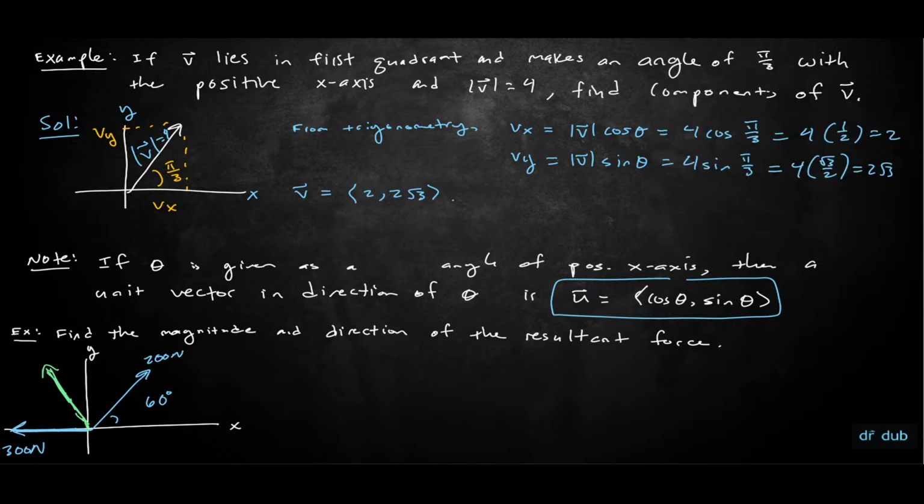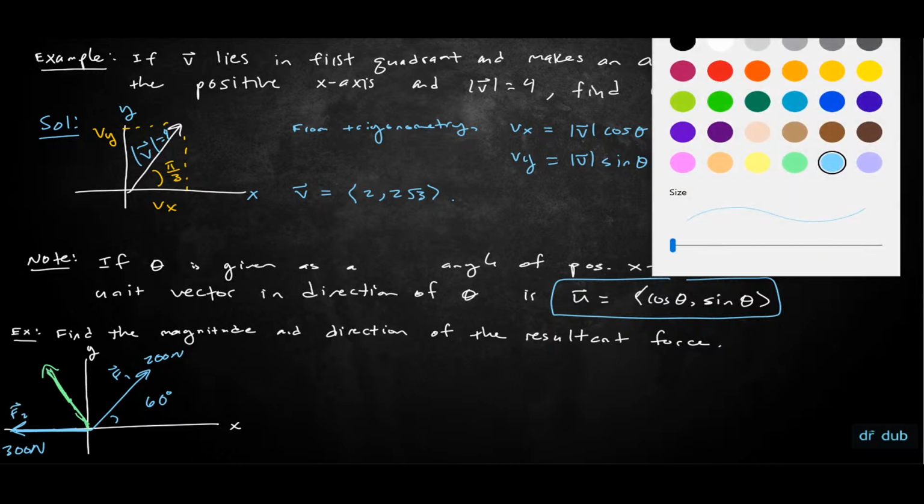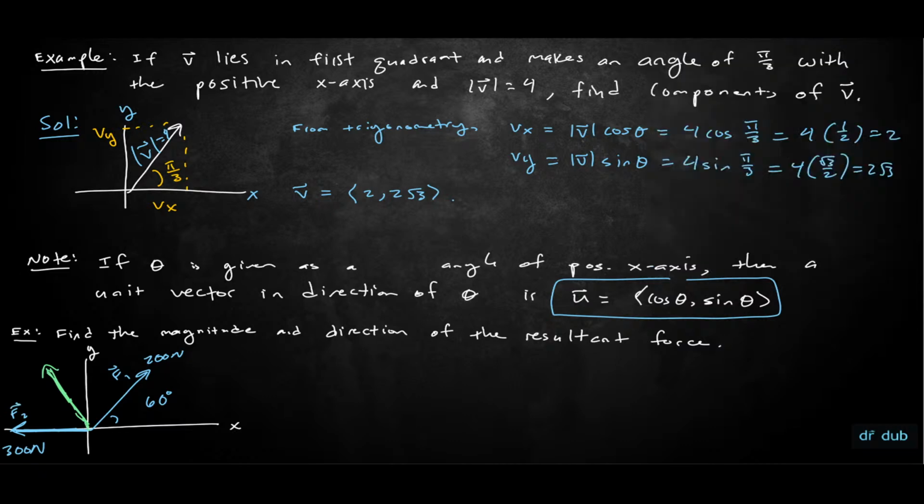So we had F1, force 1 and force 2, and then the green one is going to be the resultant. So F1 plus F2. We can do it graphically, but now let's do it algebraically.